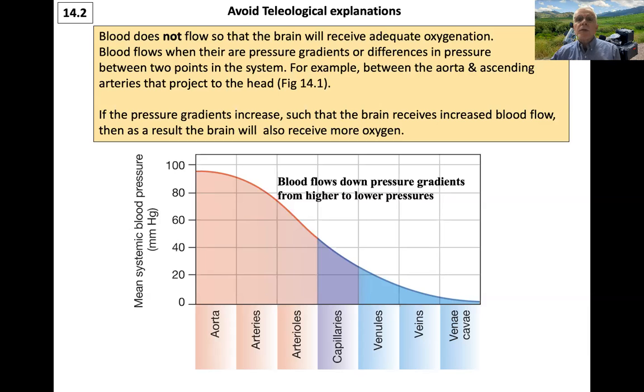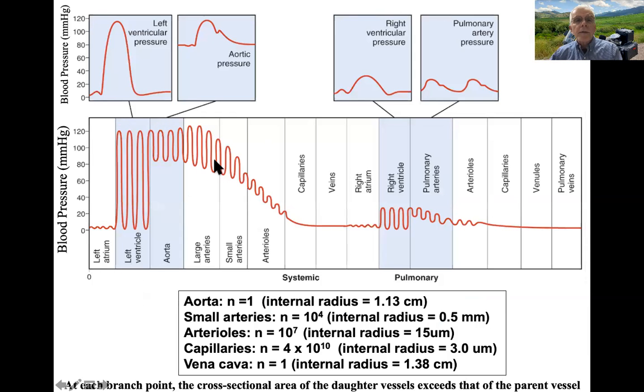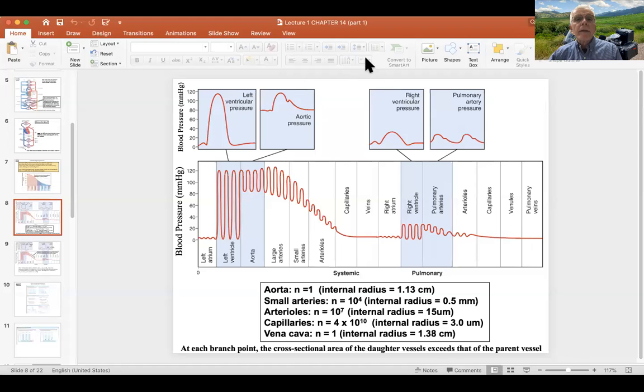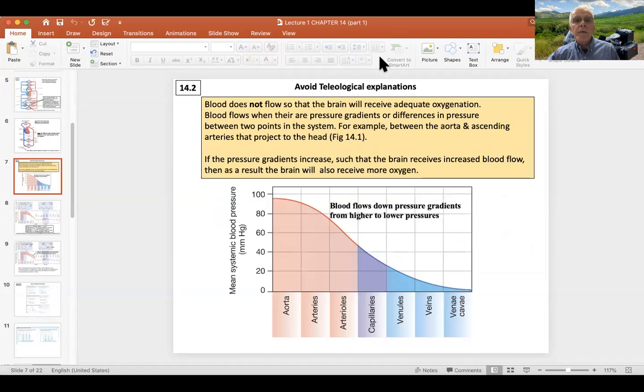As an example, blood does not flow so that the brain will receive adequate oxygenation. That's just silly. Now, teleologically, it's true, but we assign that benefit to it.